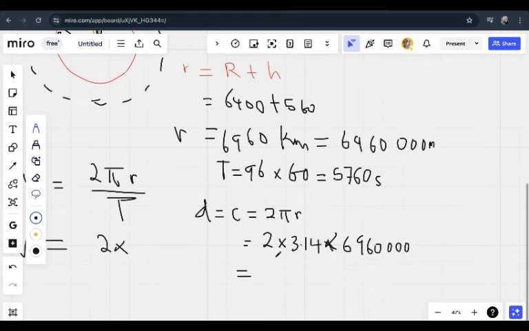We can simply divide by the time period. Just divide the number we got by 5760.